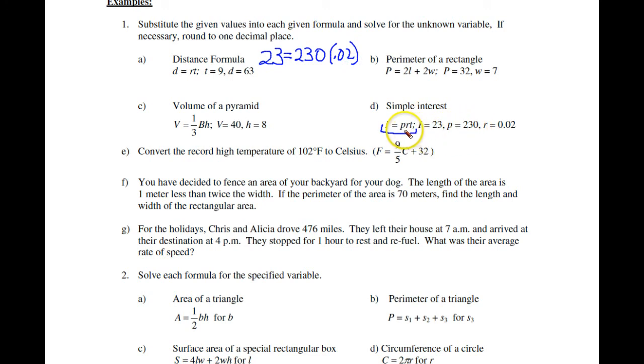And our time, we don't know the time. That was T. So we need to figure that out. And I used my calculator here. So I multiplied 0.02 times 230 and got 4.6 T, divided both sides by 4.6, and I get T equals 5. Okay?